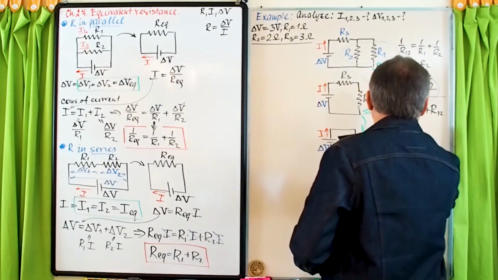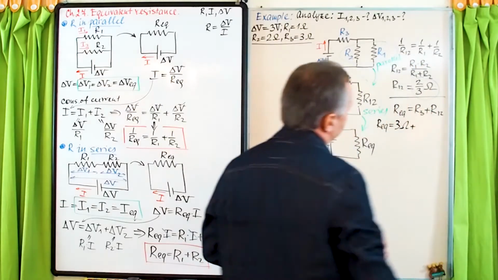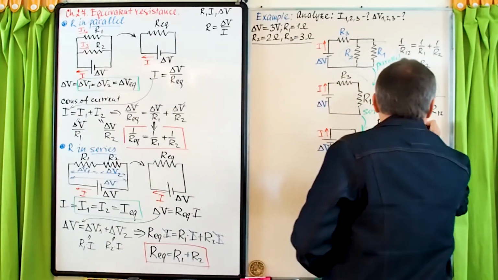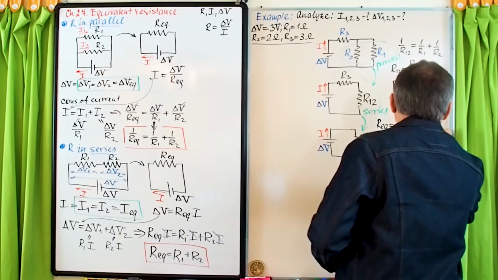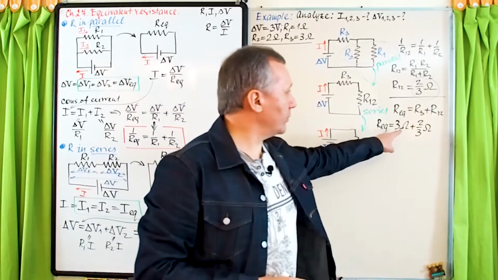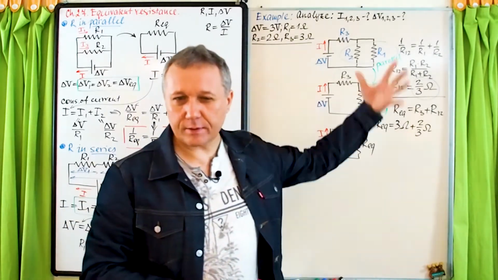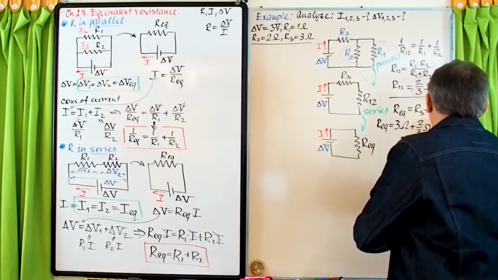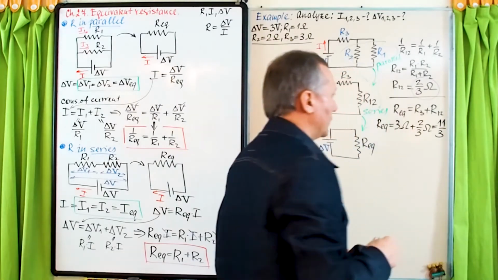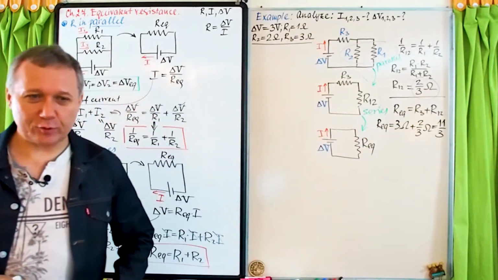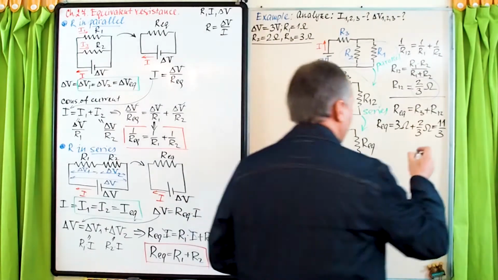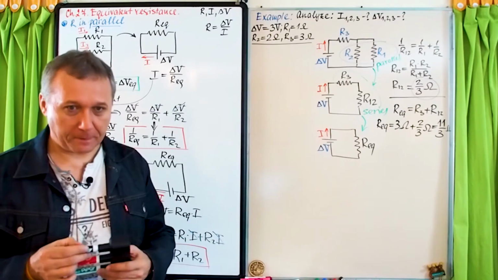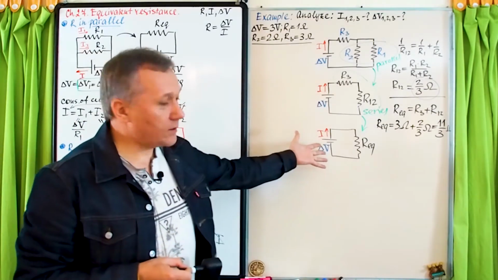R3 is 3 ohms plus 2 over 3. If you bring it to the common denominator, it will be 9 over 3 plus 2 over 3, which is 11 over 3 ohms. I'm running out of space, but maybe I can squeeze in the units.